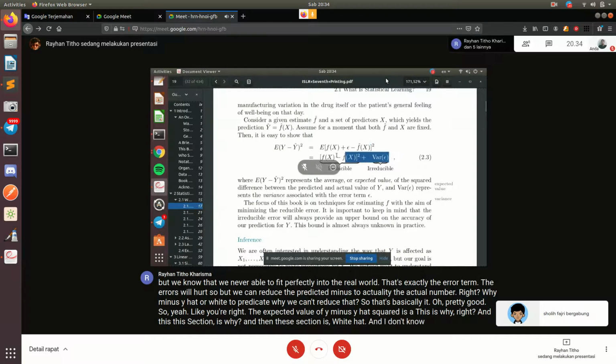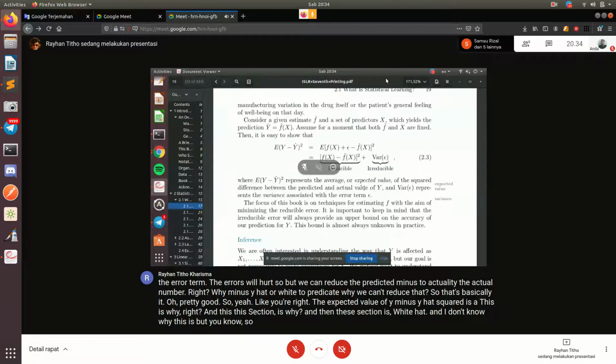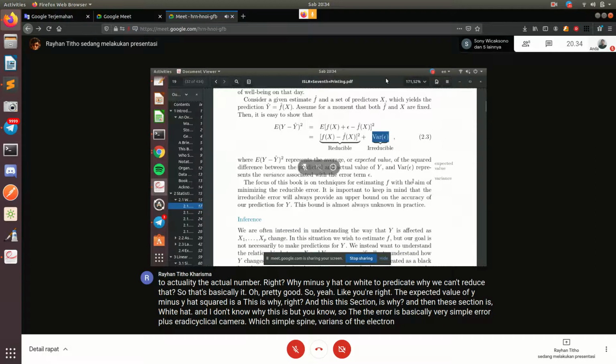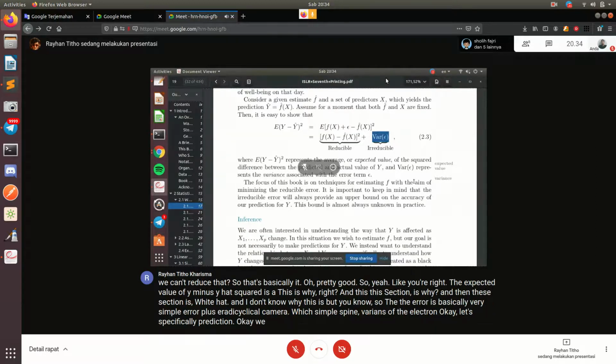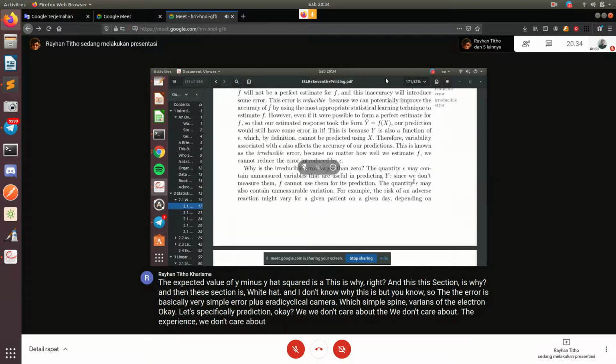I don't know why this came out like this, but the error is basically the reducible error plus the irreducible error, which is simply the variance of the error term. That's basically prediction. We don't care about the explanation, we don't care about the inside of the model. So it has the reducible error and the irreducible error.